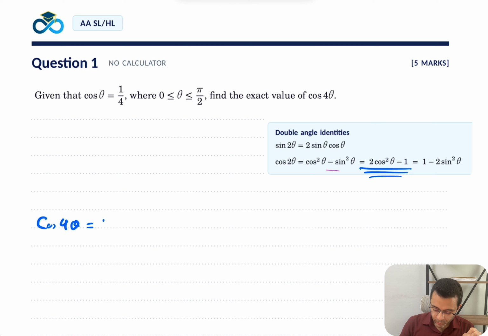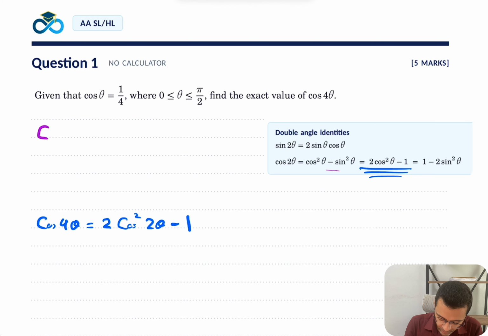So it will be 2 cosine squared, but be careful not to put 1 theta like this. No, here it will be 2 theta in my example, minus 1. Don't forget the minus 1 as it is. Why 2 theta? Because again, half of 4 theta will be 2 theta. But as you see in the question, we have cosine 1 theta, not 2 theta, which means I have to find cosine 2 theta as well.